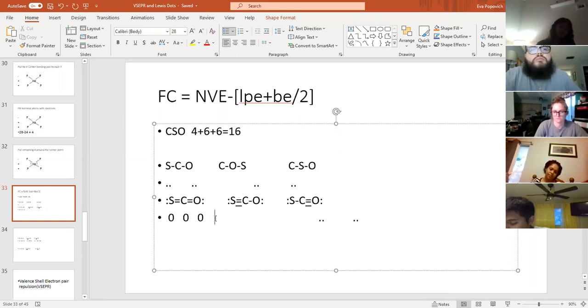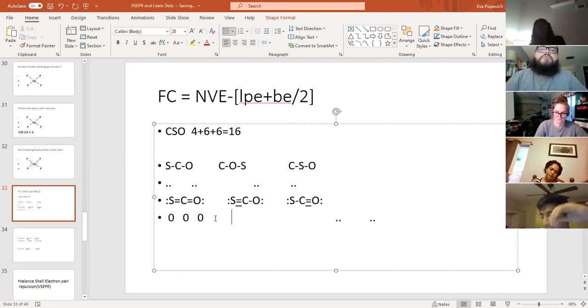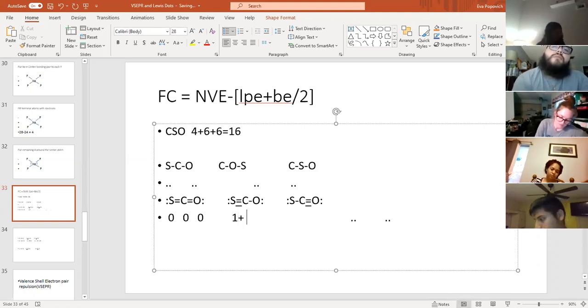What did you guys come up with for the second compound? I got it wrong, but I got plus 1 for the S, 0 for carbon, oxygen minus 1.